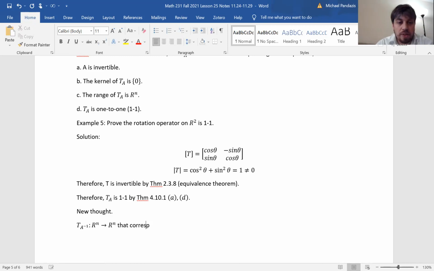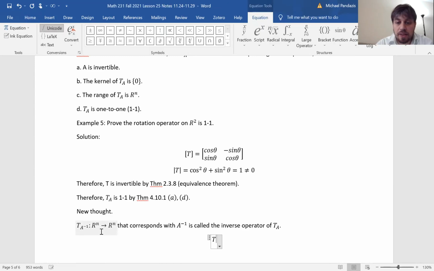And that corresponds with A inverse, which is called the inverse operator of T sub A. So if you take T sub A composed with T sub A inverse, that is equal to T sub I, the identity matrix I.